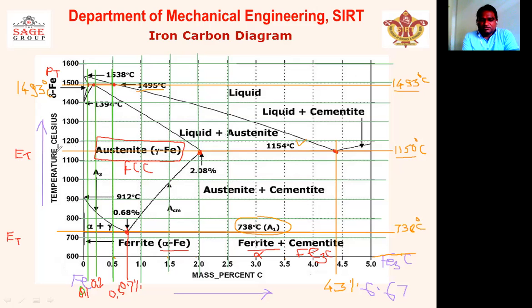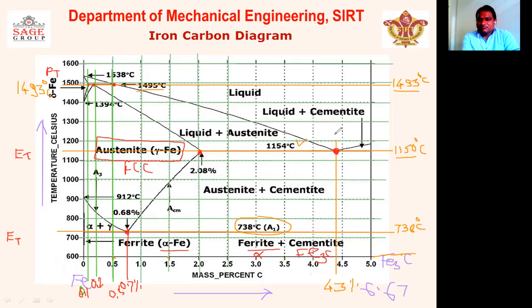Now on the eutectic temperature line, this is the point where the weight percentage of carbon is 4.3. This point is showing the eutectic reaction, and we know that the eutectic reaction shows the transformation of phases from liquid to two different solids.